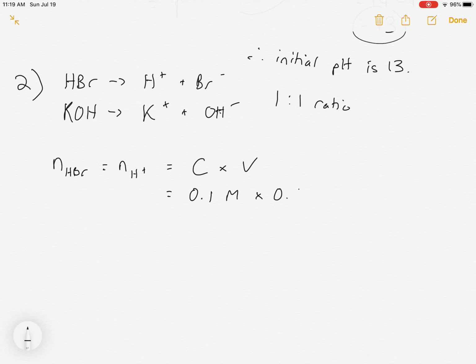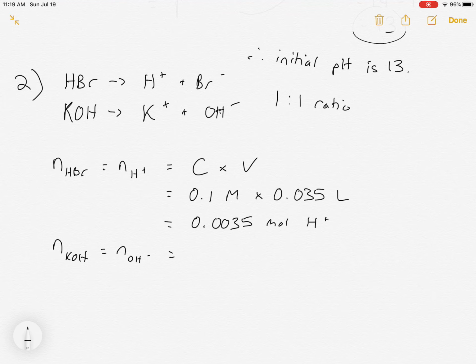So 35 milliliters in liters is 0.035 liters. I'm not going to go over how to convert that. Okay, and then once we solve that, we get 0.035 moles of hydrogen ions.